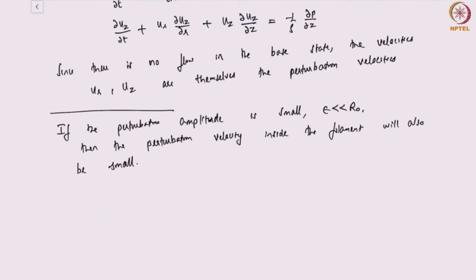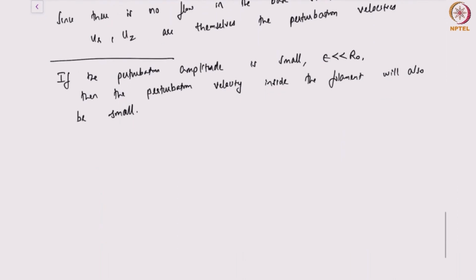Because the perturbations of the radius are small, you would expect the velocity that is subsequently generated is small. So for small velocities, quadratic terms, which are terms which involve product of velocities, can be neglected.